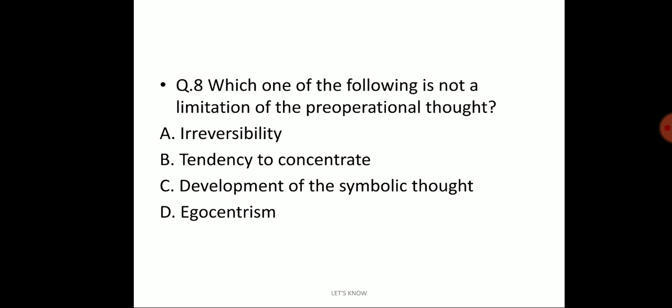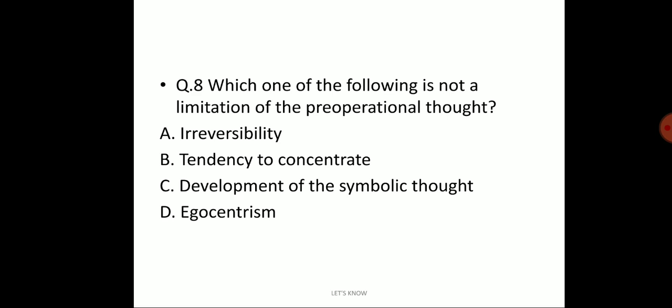Reversibility: suppose children cannot think that water can be converted into ice, and ice can be converted into water. This reversibility they cannot think about at their lower age level, so this is their negative point.